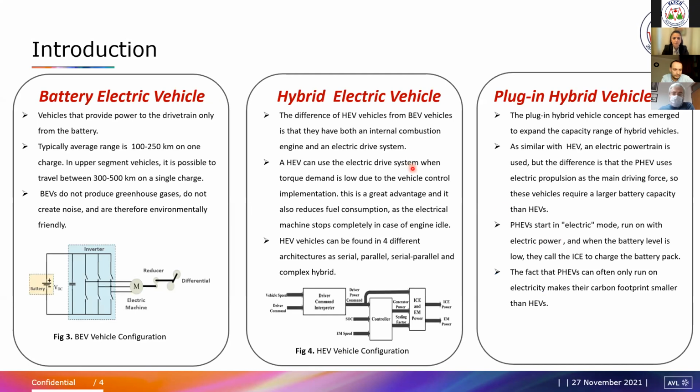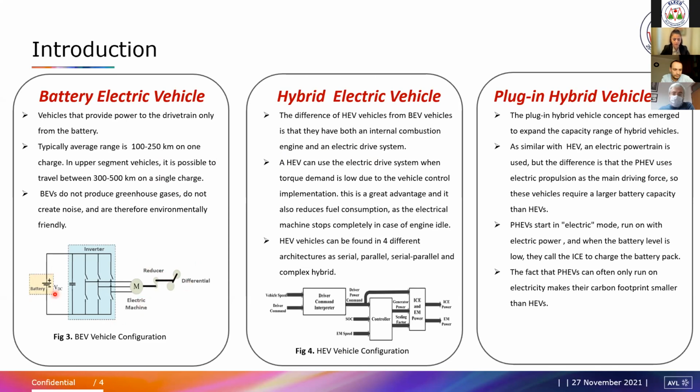I would like to introduce the three different main types of electric vehicles. The first one is the battery electric vehicle, which is powered only by the electric supply. As you can see, this is a very simple configuration of the battery electric vehicle.